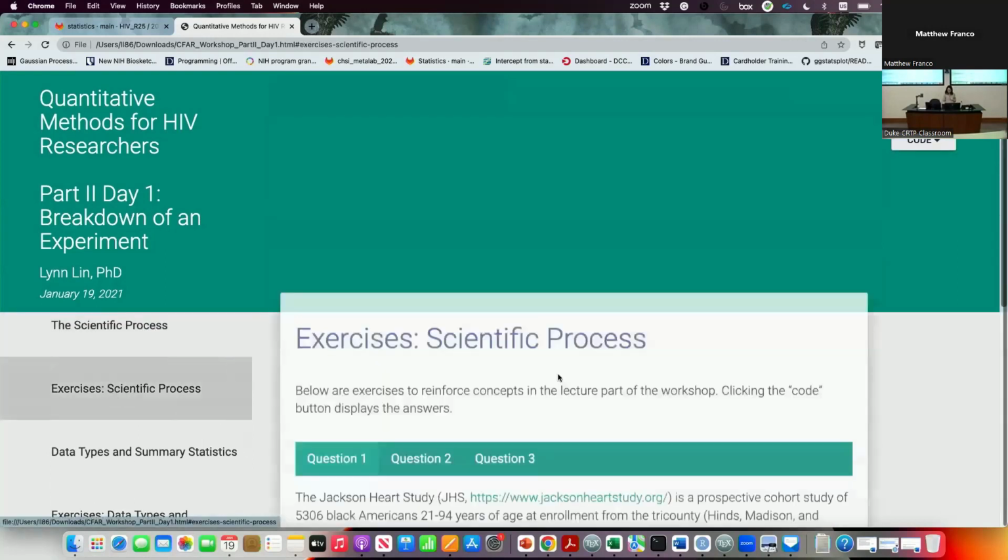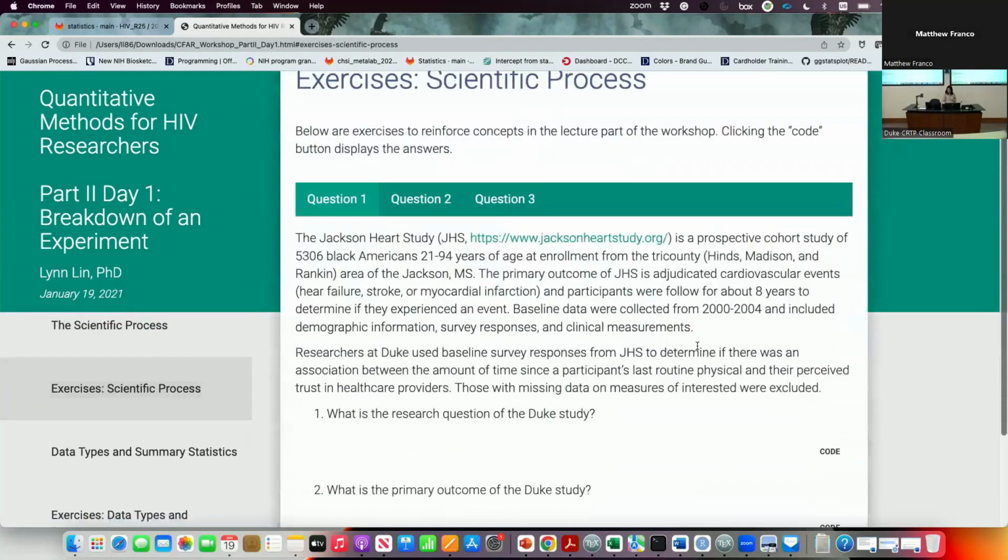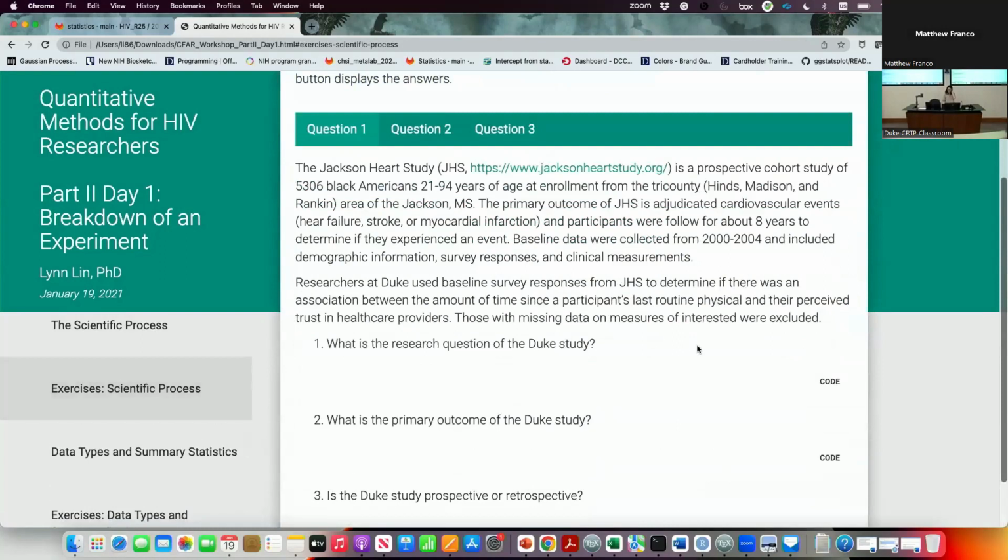So there is an exercise. Do you want to do the exercise by yourself at home, or here? Maybe let's just do one exercise here.